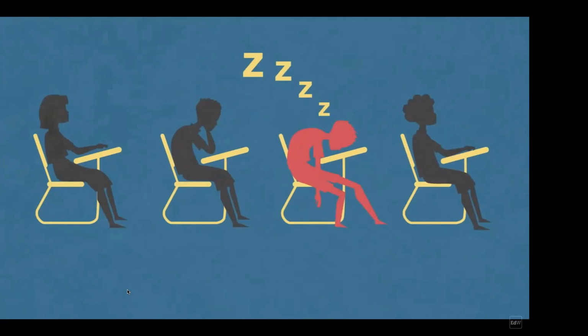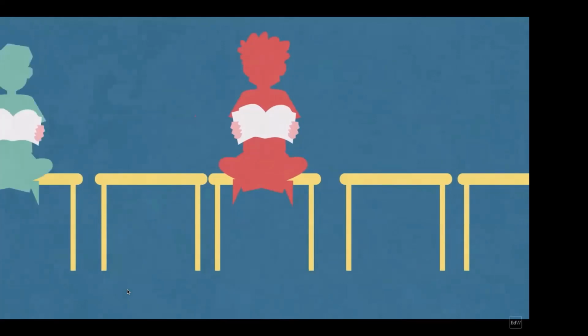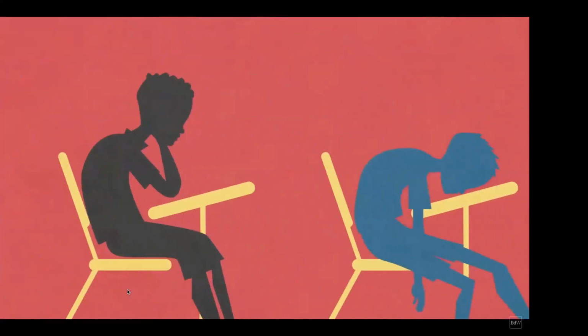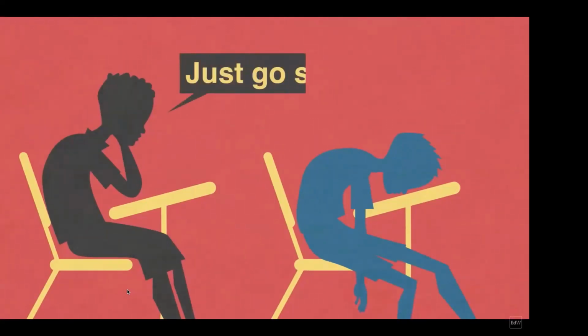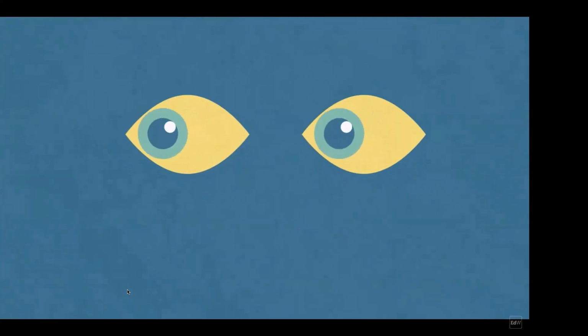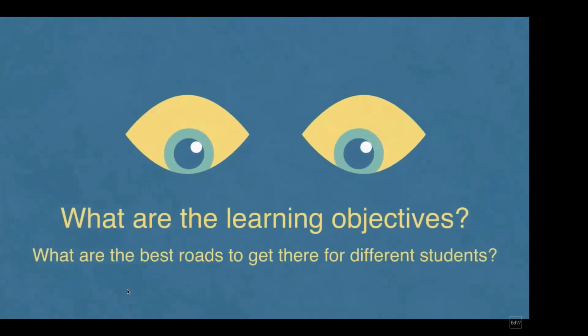I told him that if he wanted, he could go to the back and sit on a desk and read. Soon, several others joined him. A few days later, I saw another student dozing off. Before I could say anything, one of his classmates whispered to him, "Just go sit on the desk." Again, it's a matter of keeping our eyes on the prize. What are the learning objectives and what are the best roads to get there for different students?